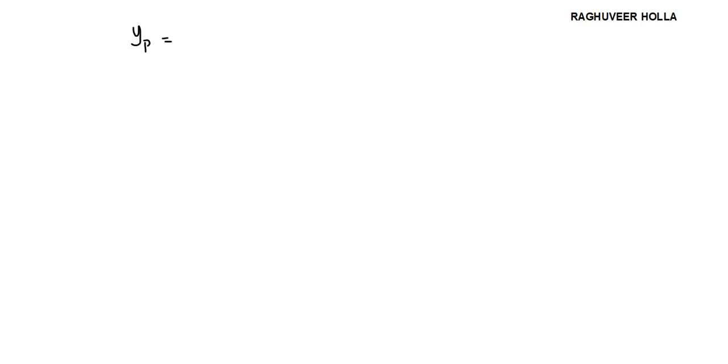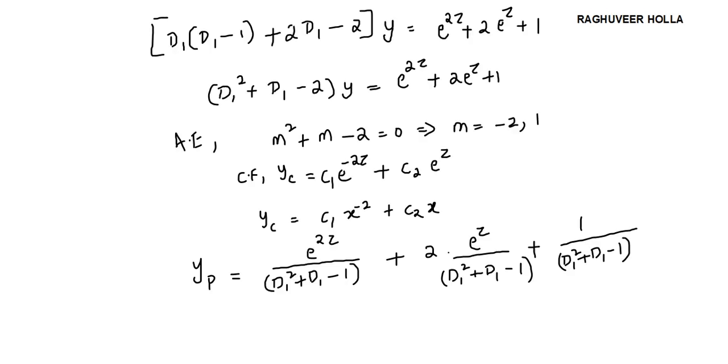Now when we substitute d1 as 2 for the first one, so first one would be 2 square, that is 4, now that is plus 2 and we have minus 2. Fine, for the first one.